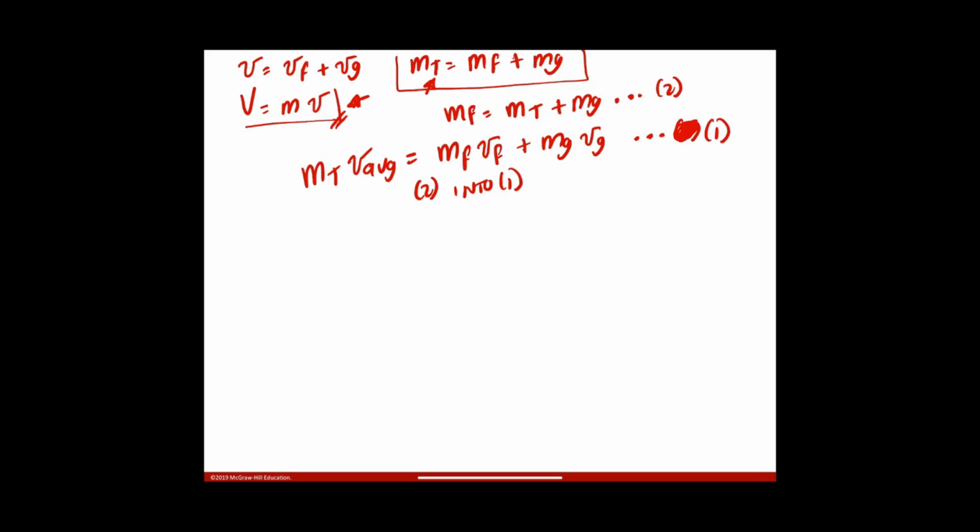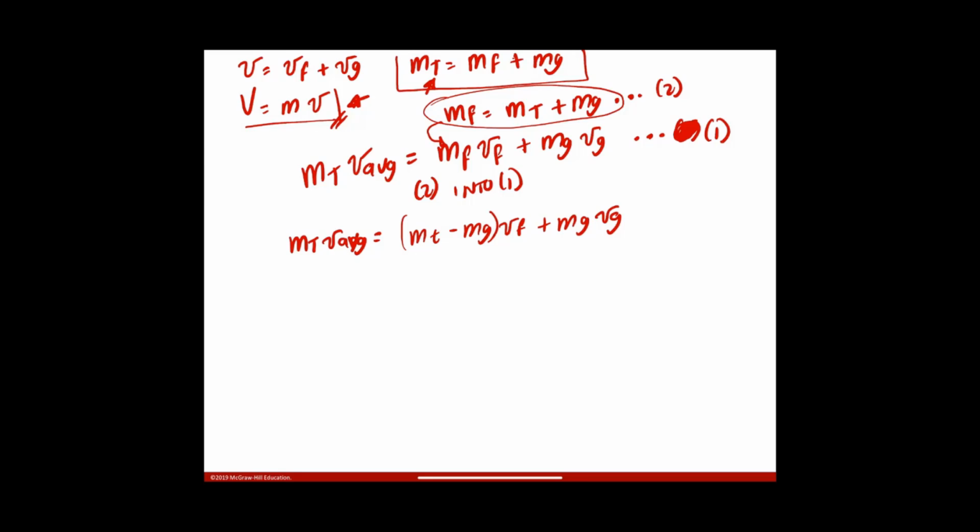Well, I'm going to have mass total times V average is equal to mass total minus mg, times Vf, plus mg Vg. What did I do? I just took this equation and plugged it into this one.